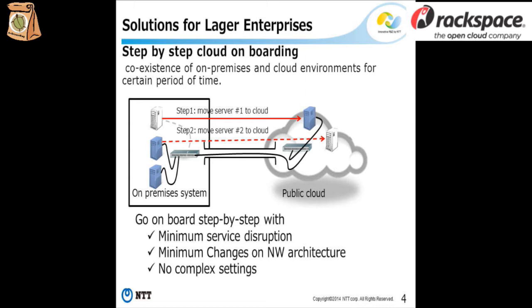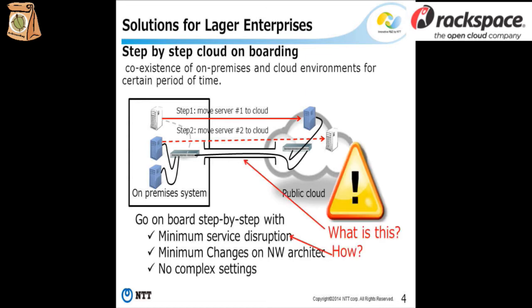If I say no service disruption, that's not going to be true, because there are some disruptions, but you don't have to change the network that rapidly, and you don't have to put in many complex settings. So this is the kind of solution we provide.